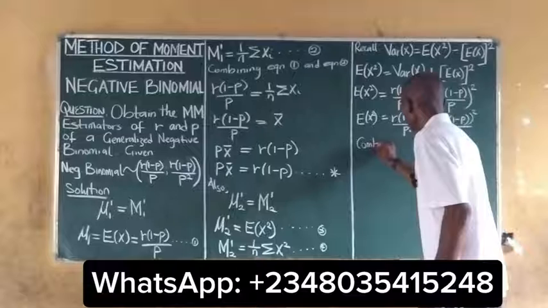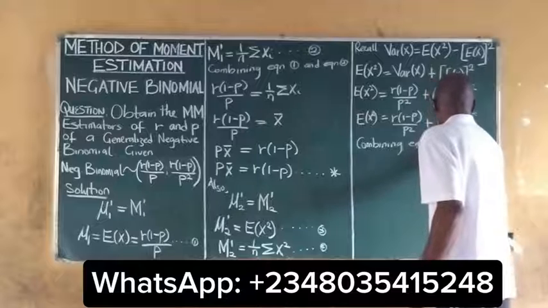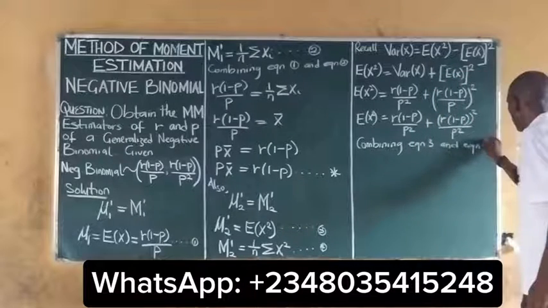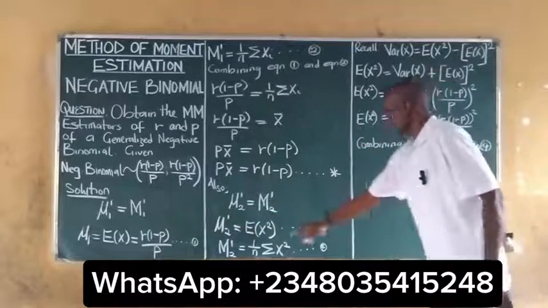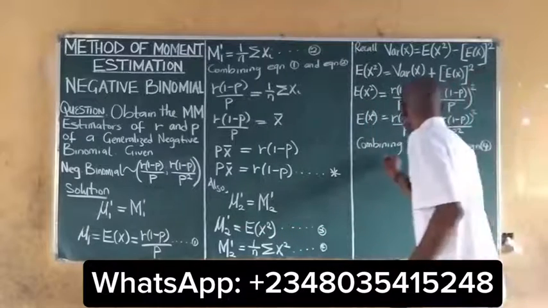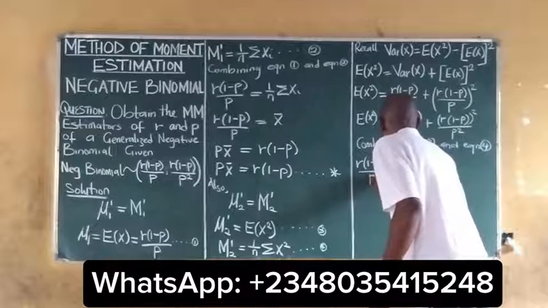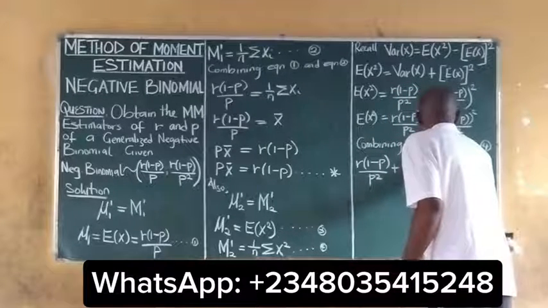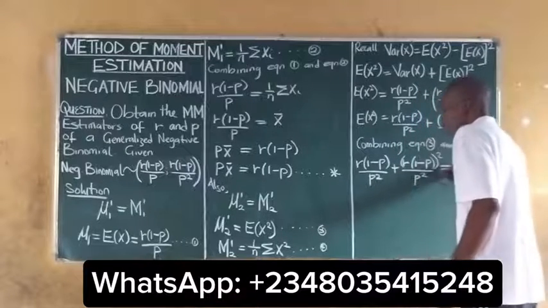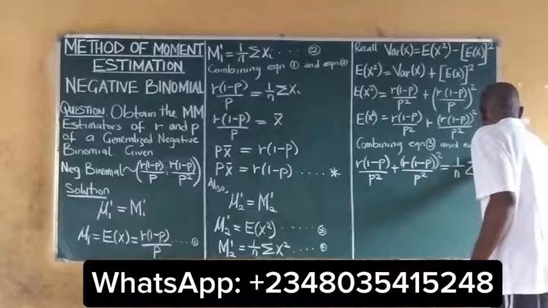Combining equation 3 and equation 4, we get the population mean to be this, which is the whole of this, r(1 minus p) all over p squared plus (r(1 minus p)) all squared all over p squared to be equal to 1 all over n summation of xi squared.